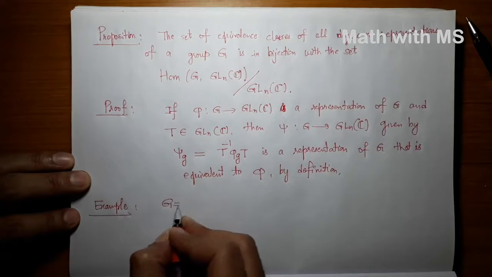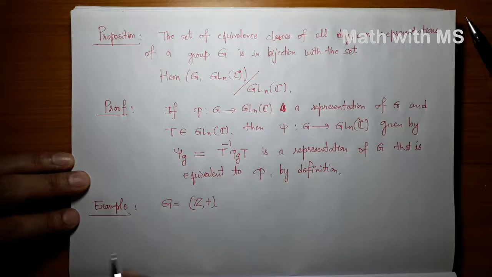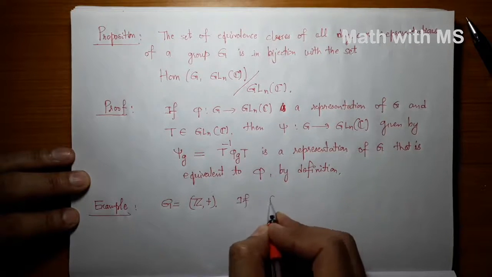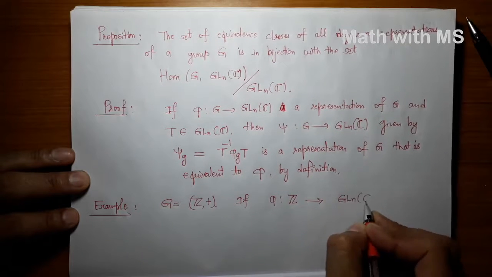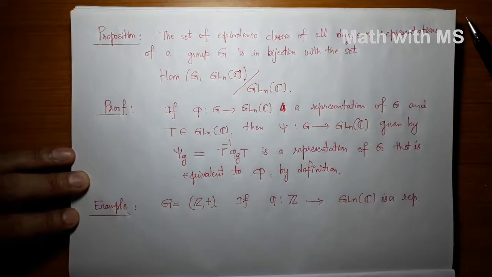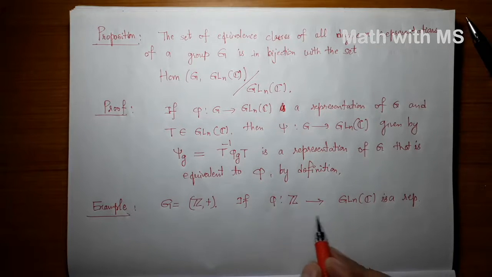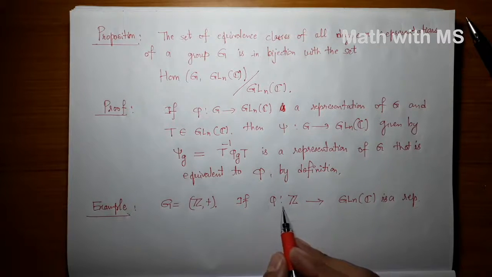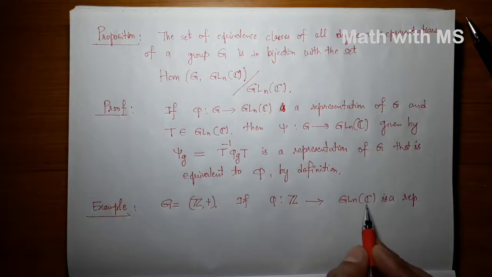Let us see an example here. Let us take G to be the additive group of integers. If phi from the integers to GLnC is a representation, then what can you say about it? Since the integers form an infinite cyclic group, it is enough to define phi on the generator, the integer 1, and there is no choice involved here. You could map it to any invertible matrix.